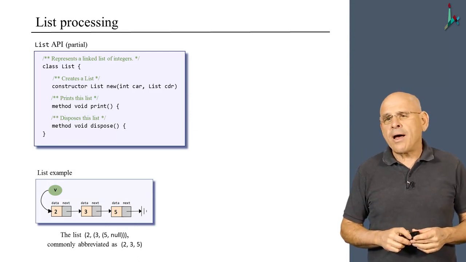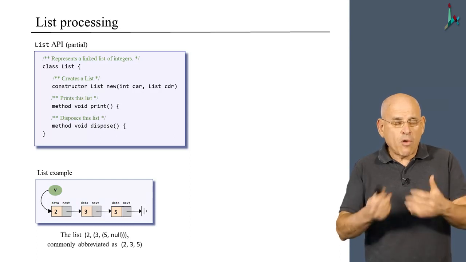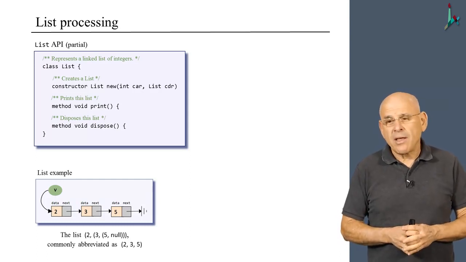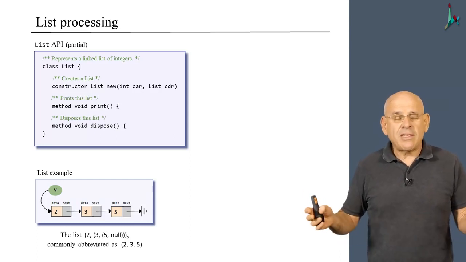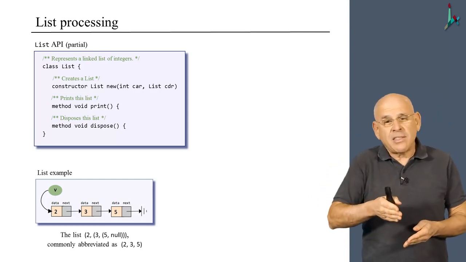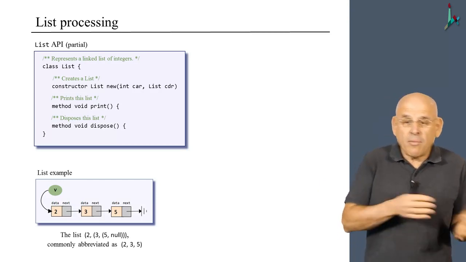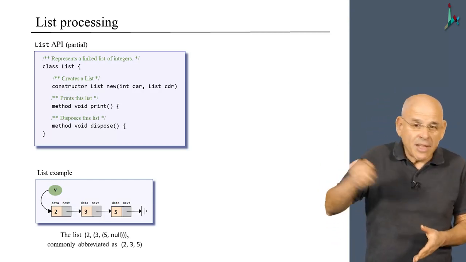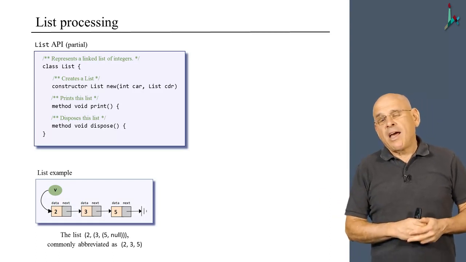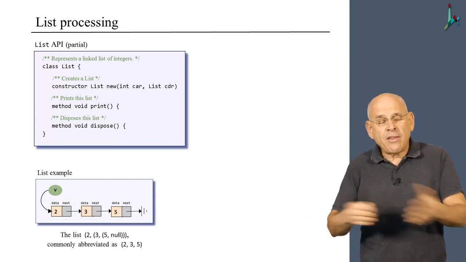All right, now, obviously, in reality, you may want to add more functionality to this abstraction, because the whole beauty of a list is that you can insert atoms in the middle of the list as you please, or you can delete atoms from the middle or the beginning or at the end, or you can insert a list into a list, or you can traverse it from beginning to end or from end to beginning.